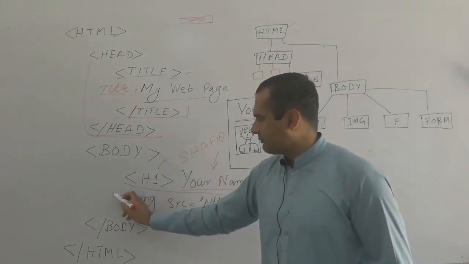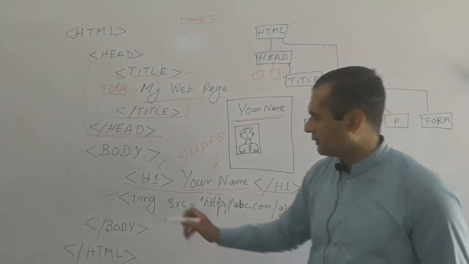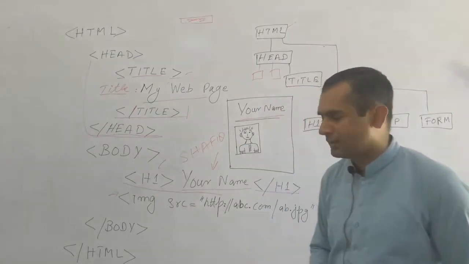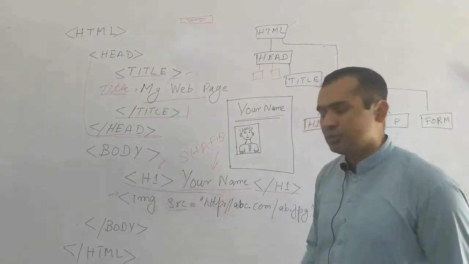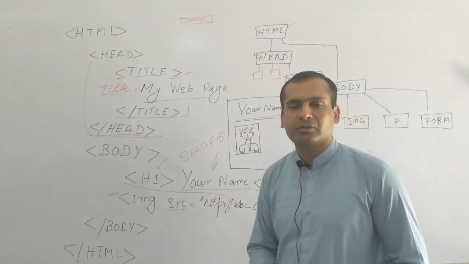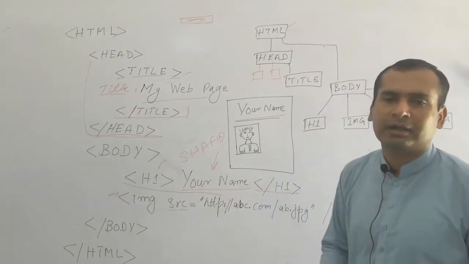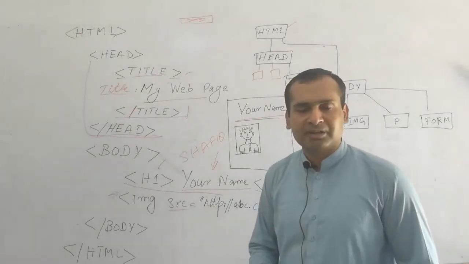Now next, I am starting a new tag or new element, which is img, image. Img has an attribute or property, source, that refers to the actual picture file. Img tag handles images.